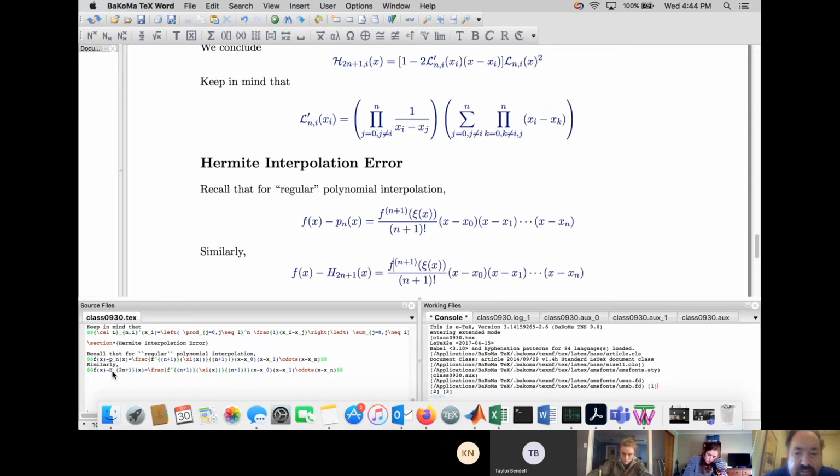Because it's degree 2n plus 1, the derivative involved is one more, 2n plus 2. And then we have 2n plus 2 factorial down below. And then over here, all these factors are squared.